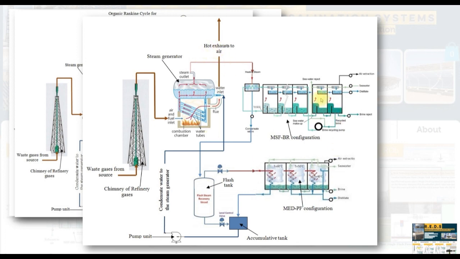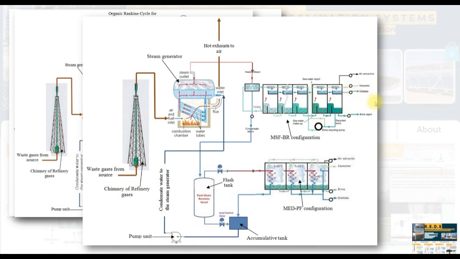Actually, this model is the design model. We're going to discover areas, mass flow rates, energy streams, exergetic streams, cost analysis, and of course, how much mass flow rate should be used from the waste gases of the refinery, because we are going to assign the productivity for both MED and MSF.